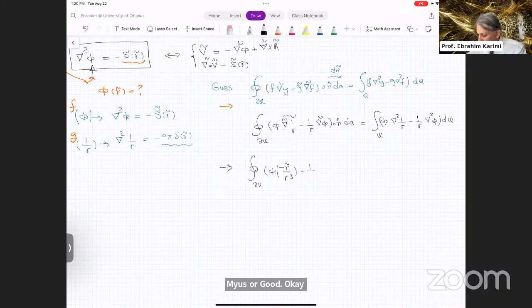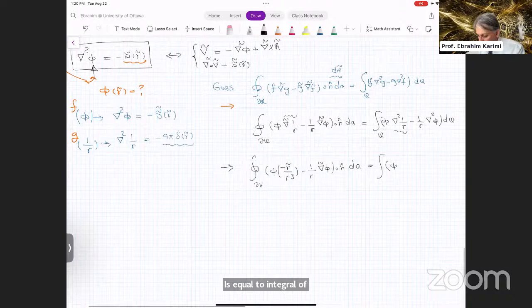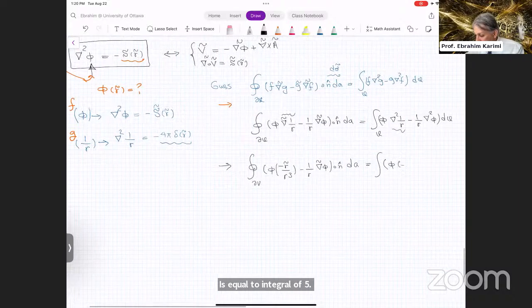Minus 1 divided by r gradient of phi dot n dA is equal to integral of phi. Laplacian of 1 divided by r is minus 4 pi delta of r.